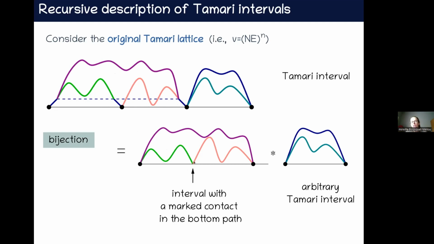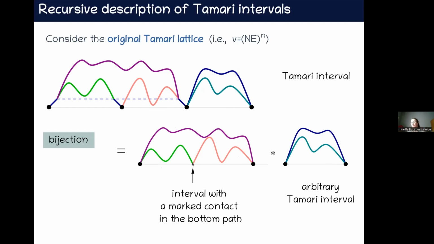We record the position where this down step was. So this is what this little arrow is telling you. And the theorem tells you that in this way, we have defined a bijection between non-empty Tamari intervals and pairs consisting of a Tamari interval and another one in which one of the contacts of the bottom path with the boundary is distinguished.